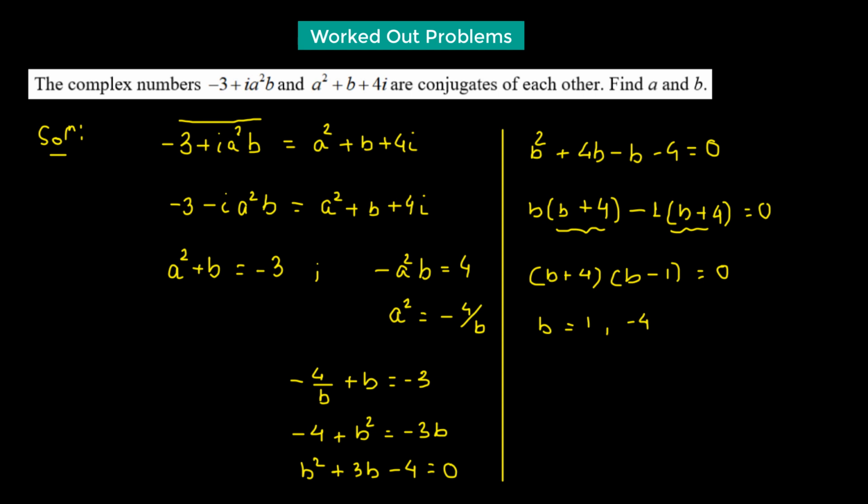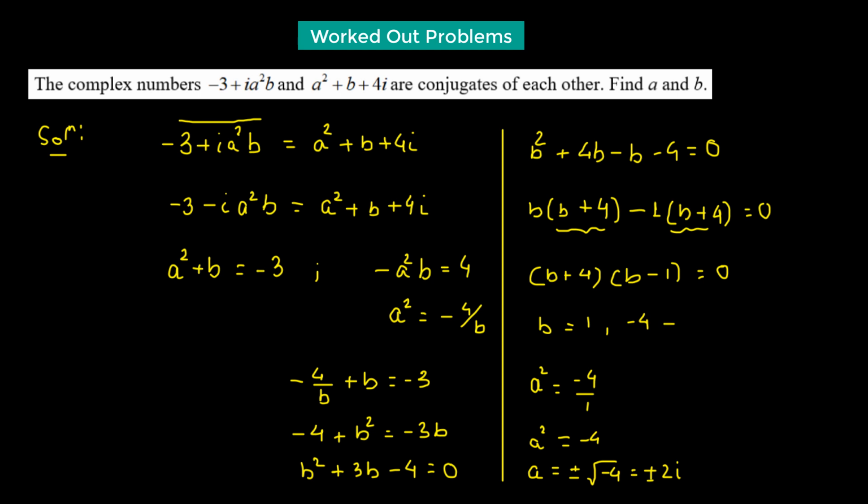Now that we have the values of b, let us substitute them back into our a squared value. For b equal to 1, a squared is equal to -4 over 1, which gives us -4. So this is the value of a squared. So a will be plus or minus the square root of -4, which gives us plus or minus 2i.